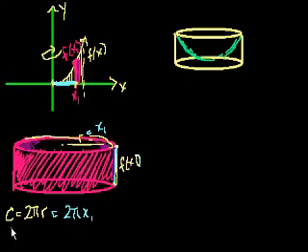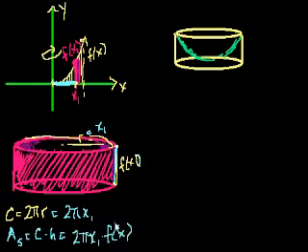So let's call it surface area. Surface area is equal to circumference times height, which is equal to 2 pi x1 times f of x1.